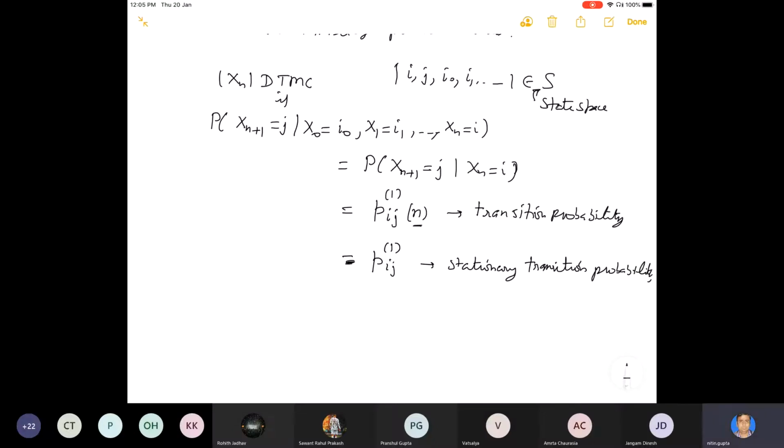We can denote this as Pij, and the corresponding Markov chain is known as the homogeneous Markov chain.